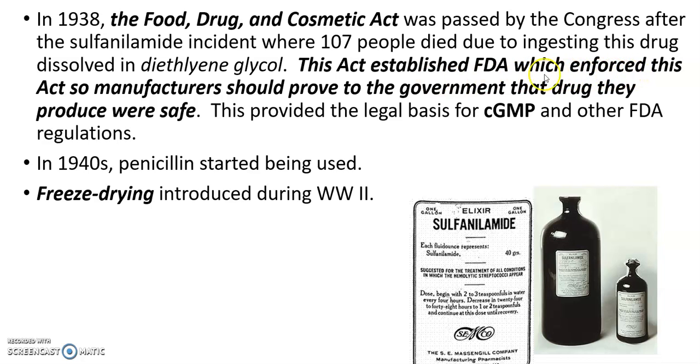So the federal law was started in 1938, and then the federal agency of FDA started after this huge incident. From that time on, the FDA has been reinforcing that drug manufacturers should prove that what they're manufacturing is a safe drug that's not going to kill patients like this sulfonamide. Okay, so that's the beginning of the FDA.